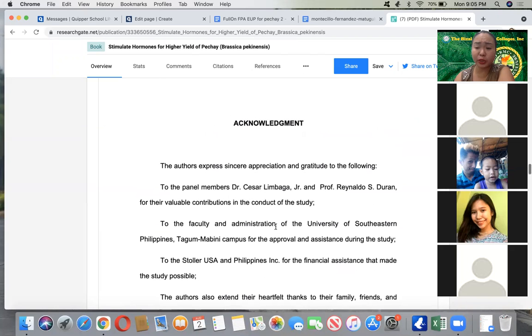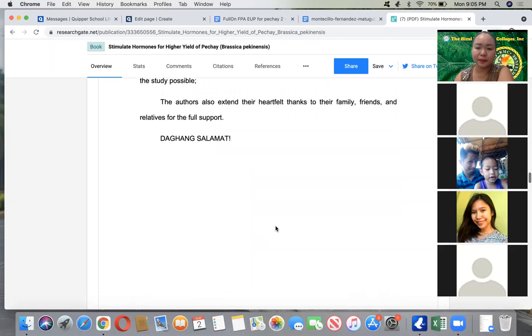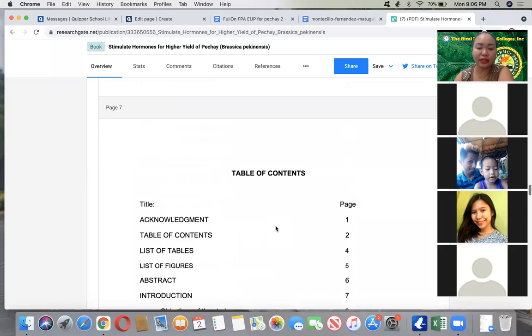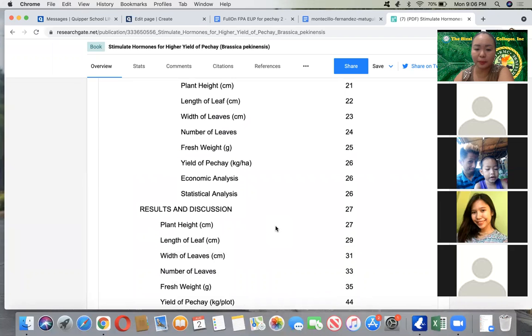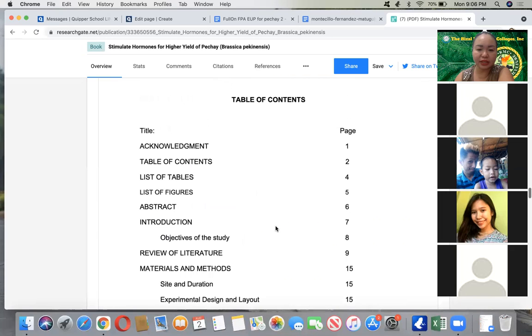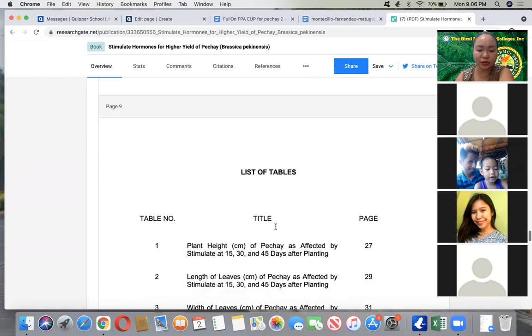Of course you will have your own acknowledgement. You will have a lot of samples anyway to follow. So you have the table of contents. This is the complete content of the manuscript form of an OIP manuscript or thesis.